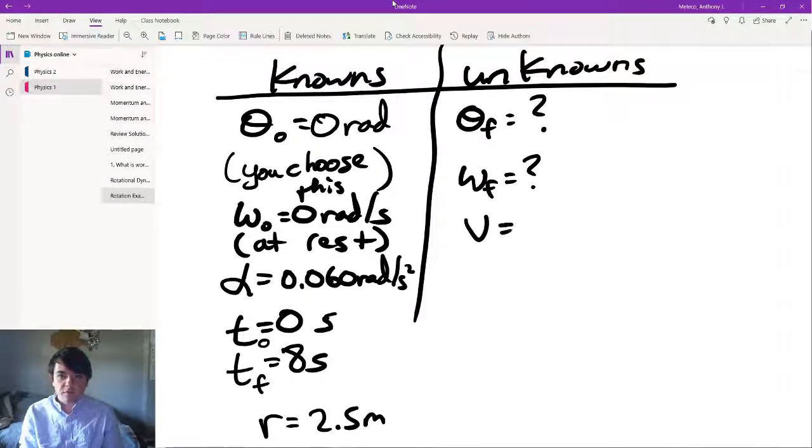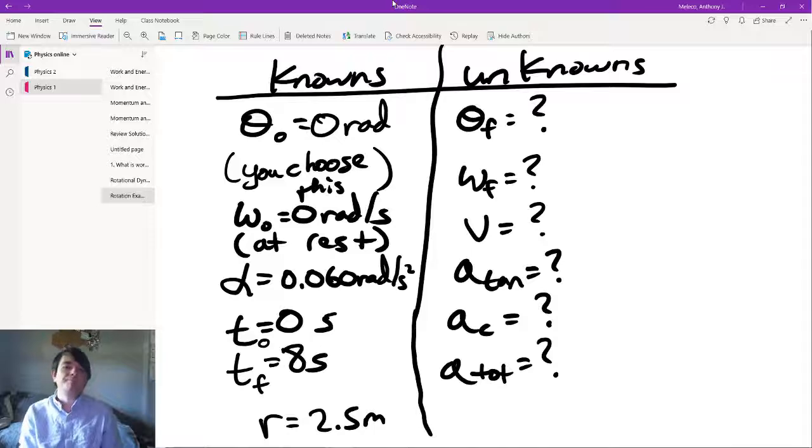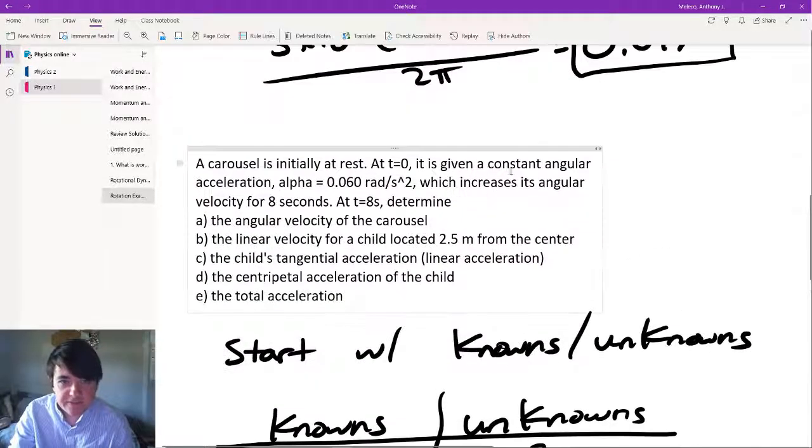So it wants linear velocity, and we don't know that. And then we have 3 types of acceleration: tangential, centripetal acceleration, and a total. And all of those we do not know. Okay? So that's our entire knowns and unknowns list.